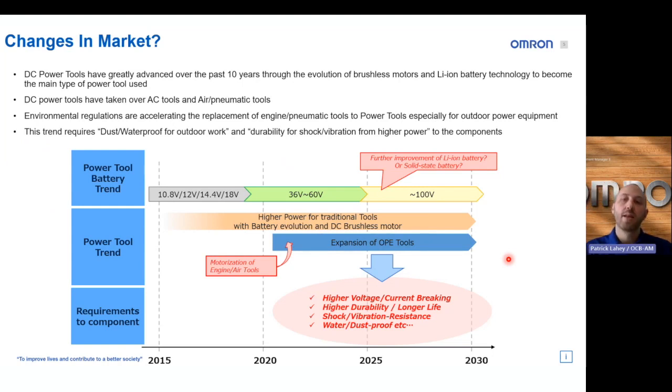But with that, the components within the power tool market are now going to start seeing some more stringent requirements. So with that, we see a higher uptick in the higher voltage current breaking requirement. We see more requests for higher durability and longer life, and shock vibration resistance, as well as water and dust proof.